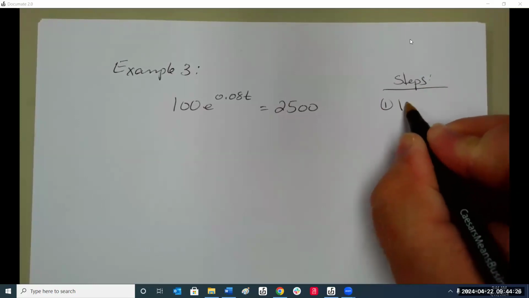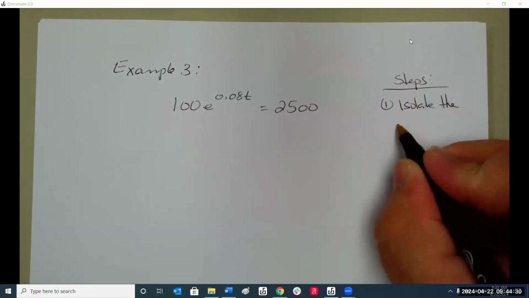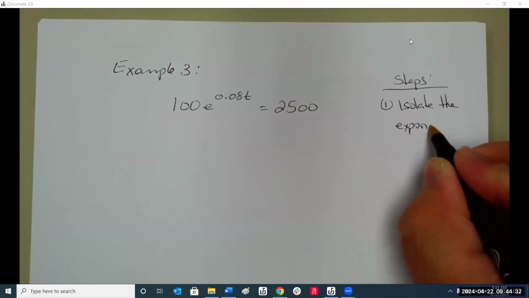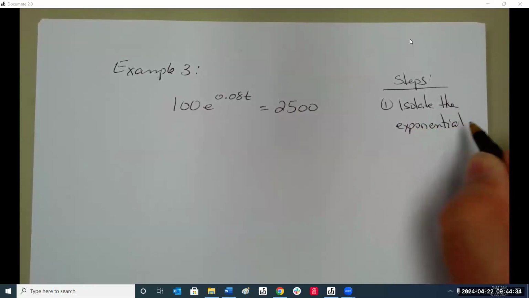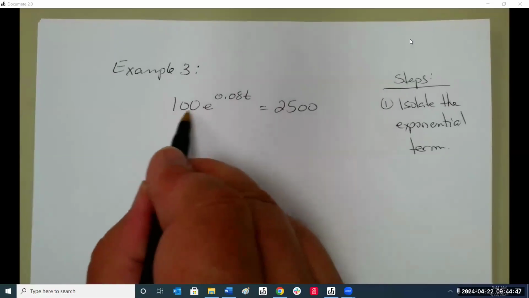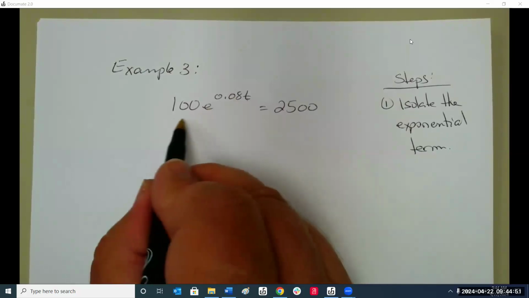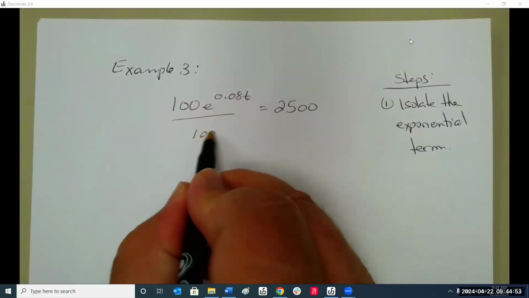First, you have to isolate the exponential term, which means we have to get rid of what? Get rid of the 100. Get rid of the coefficient, because t is right there. It's on the exponent. So we have to divide both sides by 100.